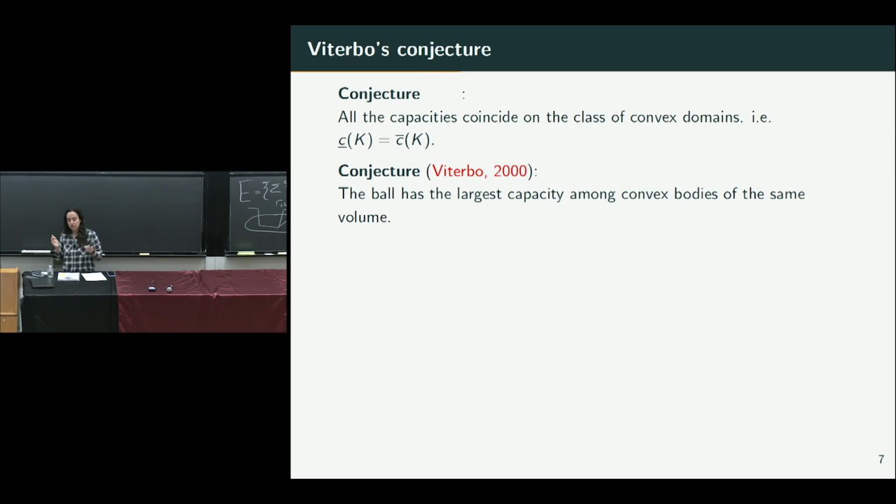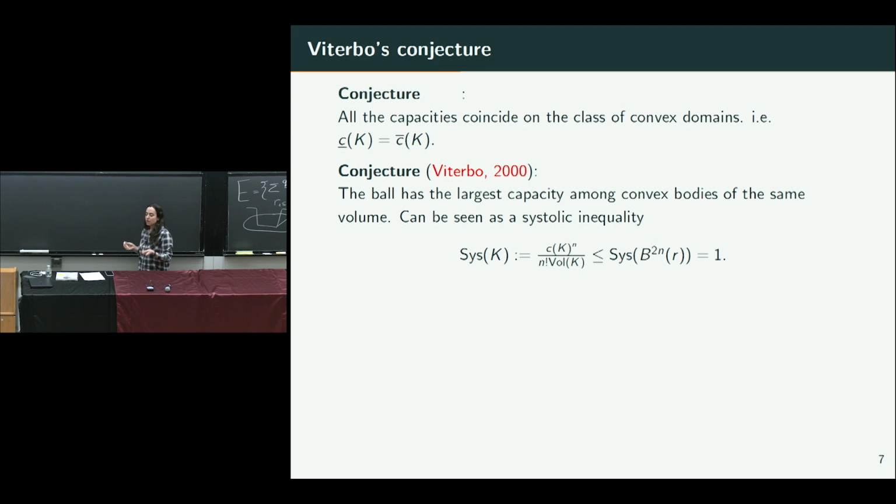So thinking about the capacity as size, we fix the volume. We look at all convex domains with volume 1, and we ask which of these domains has the largest capacity of them all. The conjecture was that it should be the ball. So the ball would have the largest capacity among all convex domains with the same volume. And it can be reformulated as a systolic inequality.